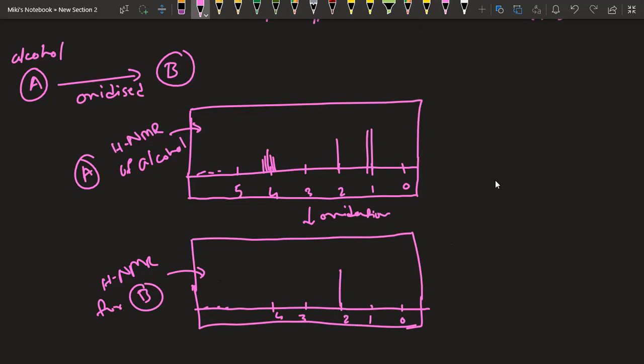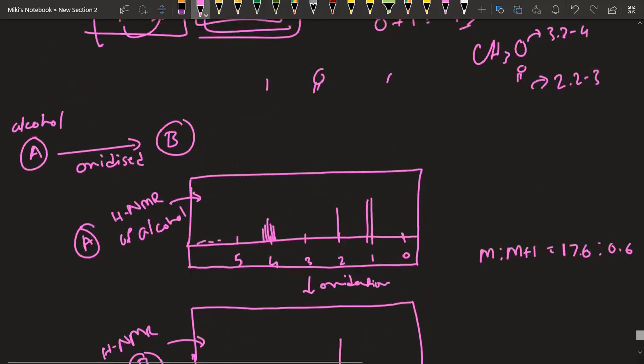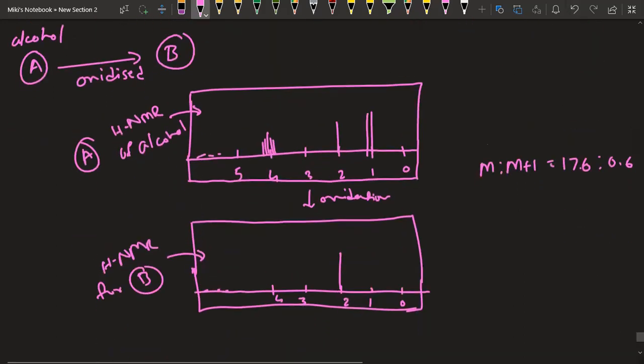Now some other information is given, which is M to M plus 1, given as 17.6 to 0.6, okay? That the ratio is given. Now based on this information, you're supposed to find the component structure, so you have to identify component A as well as component B.